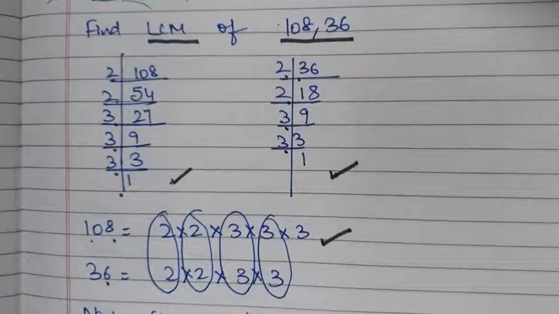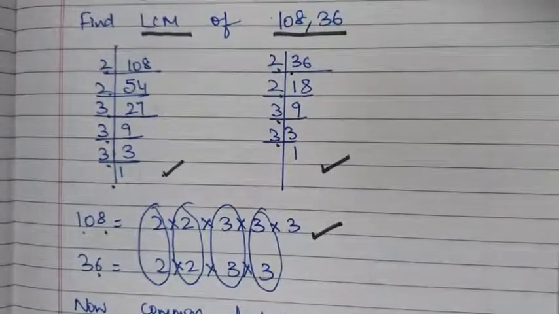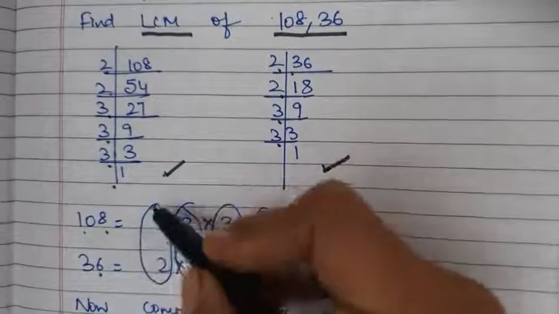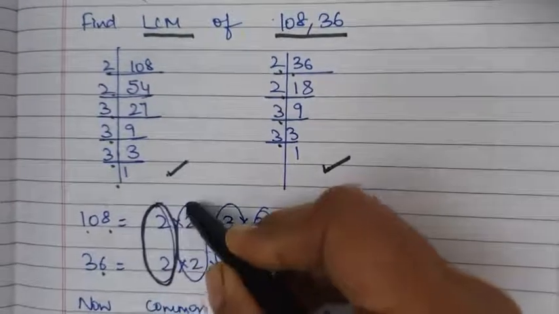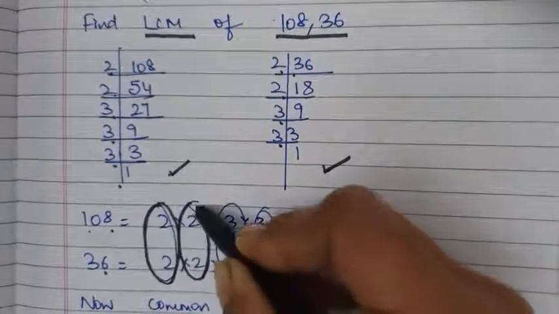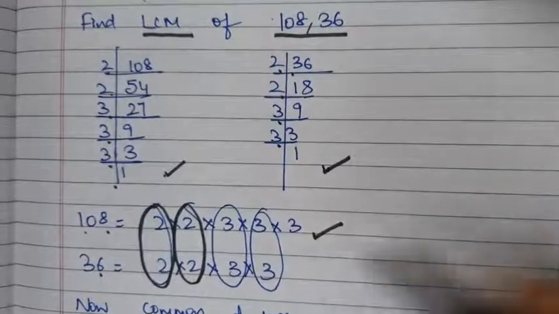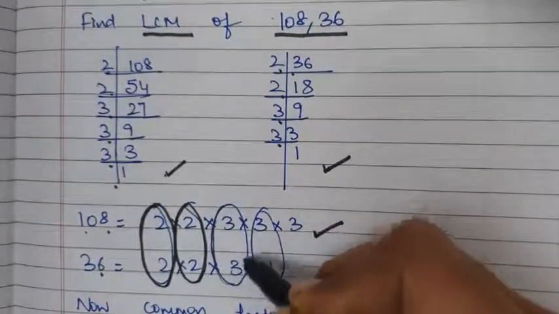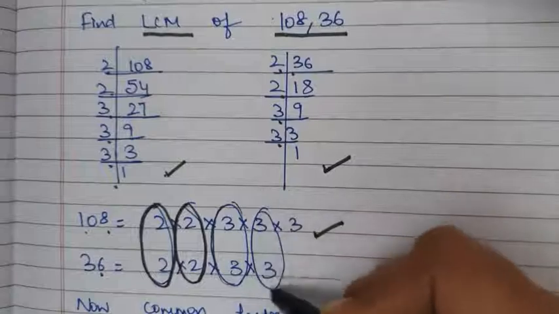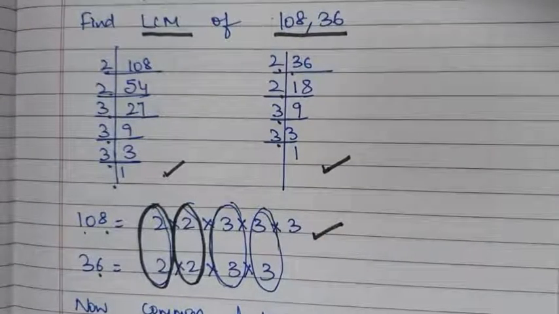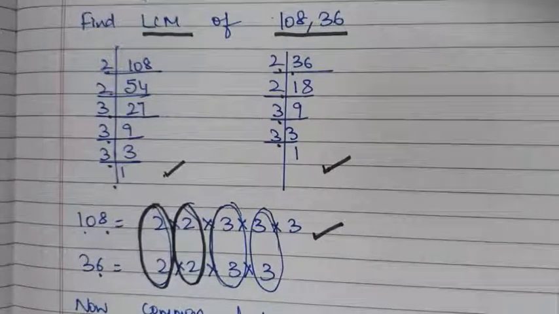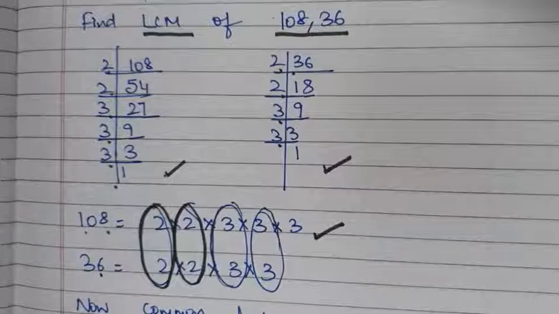Now students, circle the common factors. This is common. Then this 2 is also common. Then this 3 is also common. Then this 3 is also common. Students, one number can be repeated also. Fine.